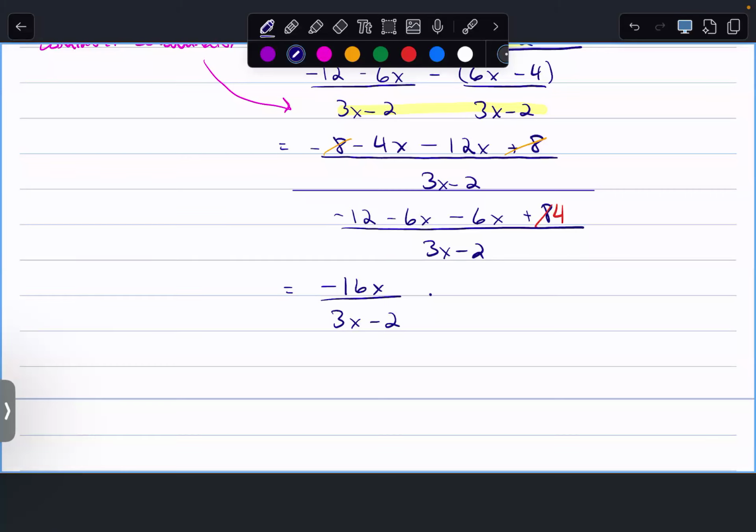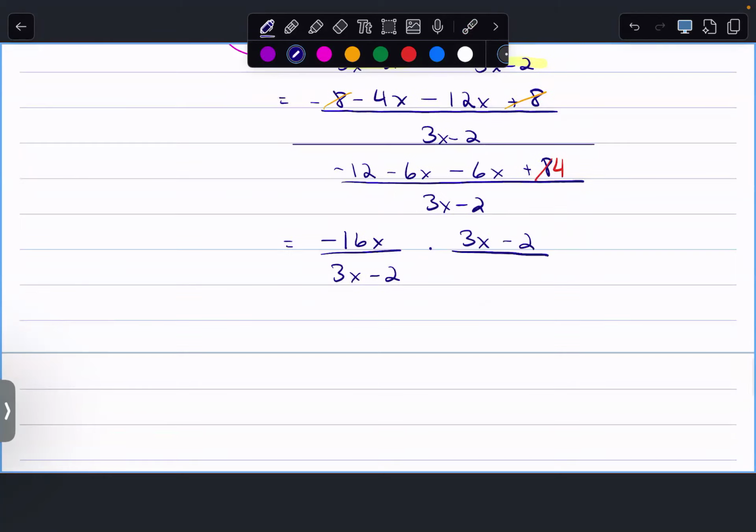Times. I'm going to flip this fraction. So 3x minus 2 is now in the numerator, and that's going to be divided by -12 plus 4. Something happened. I did something weird. I'll write it out.